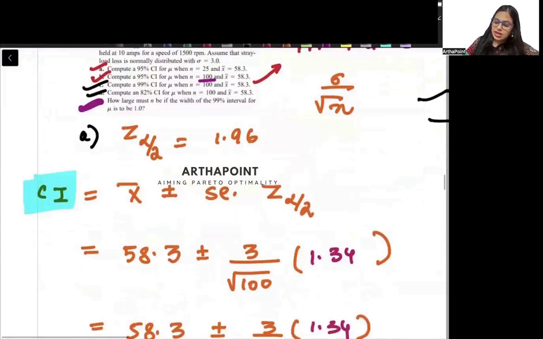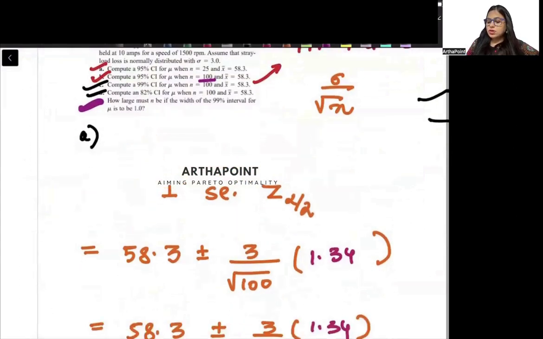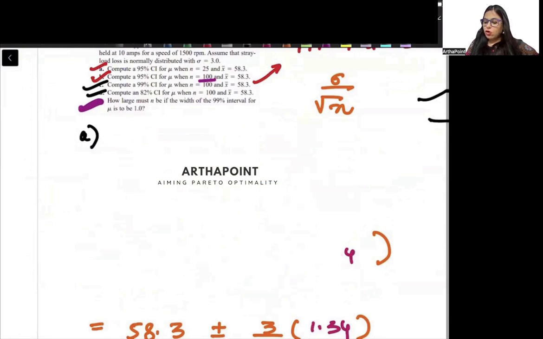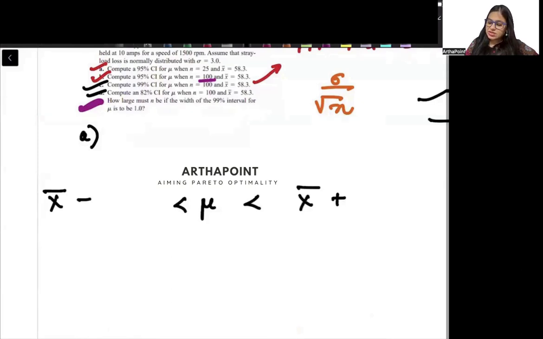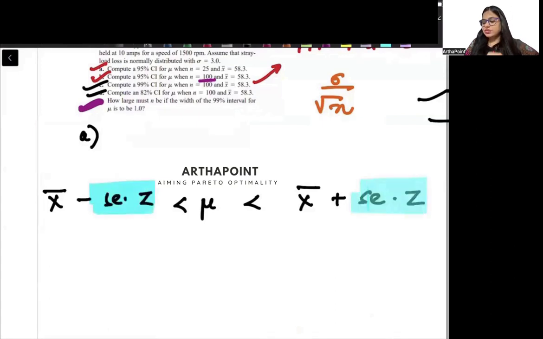Look at the fifth part. How large must n be if the width of the 99% interval for mu is to be 1? Try to understand. When we write the confidence interval of mu, it is x bar minus plus standard error into the value of z. This part is called the width. This defines how much you are adding or subtracting. You're given that this width should be 1.